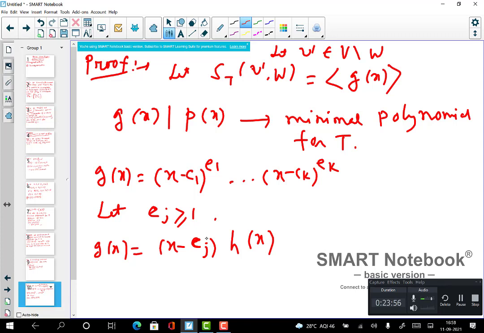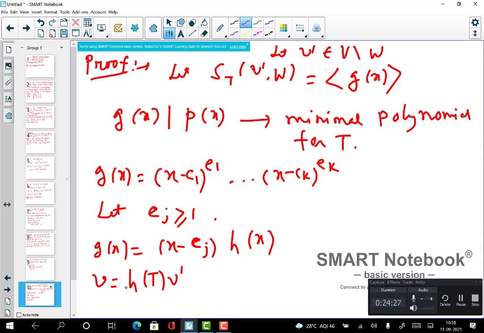Now I am claiming that the vector v is like this: h(T) evaluated at v dash. This is the vector I am looking for, whose T minus c_j will be inside W. Why? Because first of all, this vector is outside W.